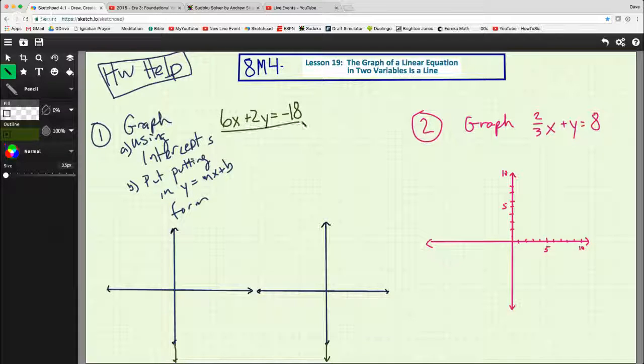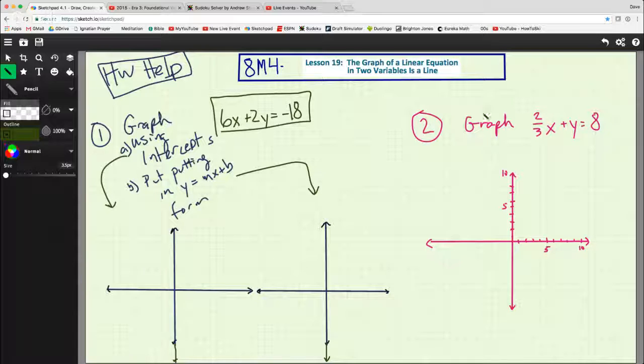All right, so we're going to graph this 2 ways. We're going to graph it using intercepts over here, and then we're going to graph it using y equals mx plus b form. So we got to use what we learned in the last lesson to graph this one in y equals mx plus b, and then we're going to graph it as intercepts over here. And we're going to see that it's the same line, because it better be.